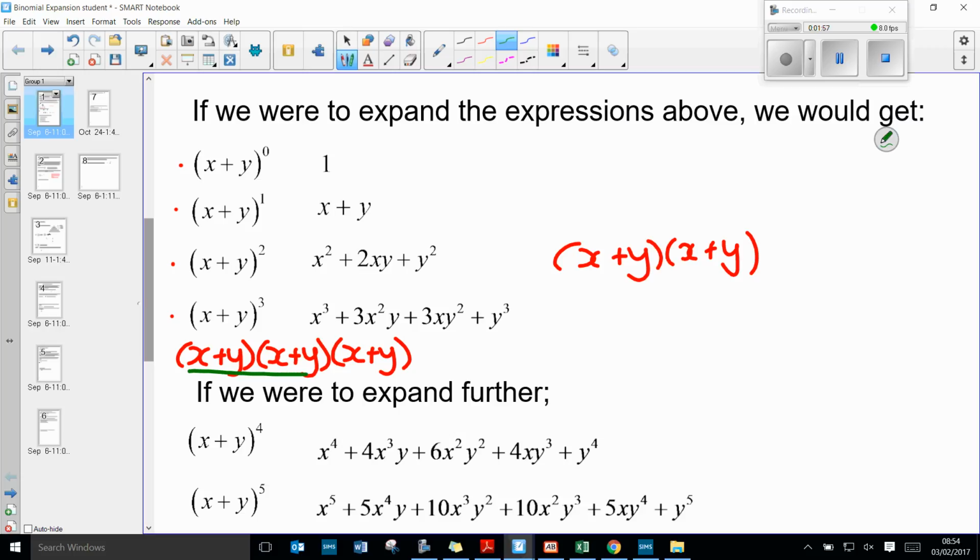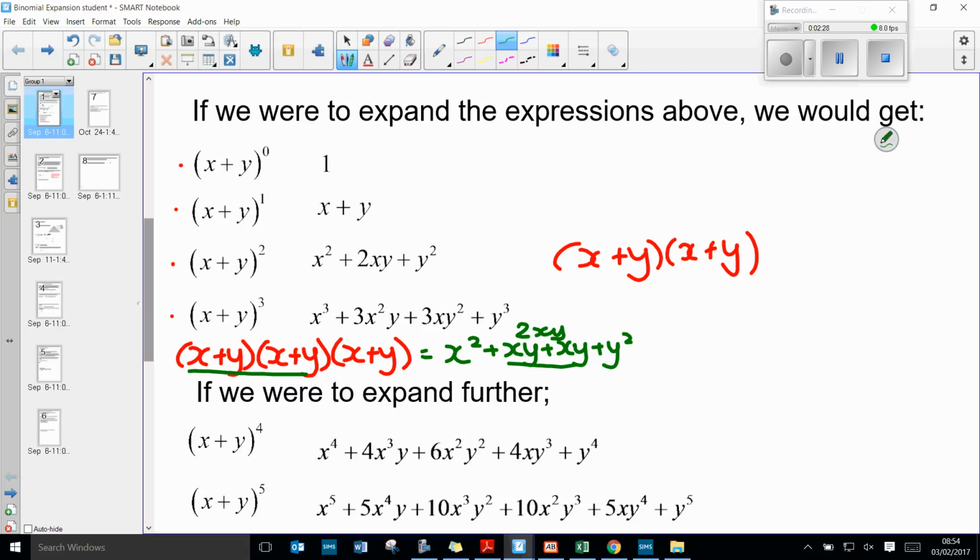So we would have x squared plus xy plus xy plus y squared. This middle term obviously simplifies to be 2xy. So from the expansion of those 2 brackets, we've now got an expression with 3 terms, x squared plus 2xy plus y squared.